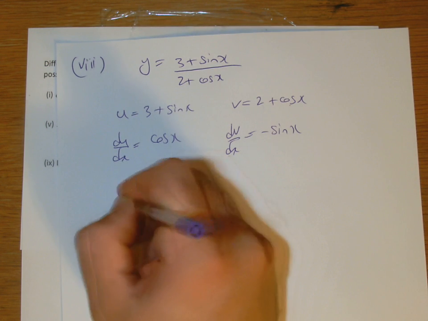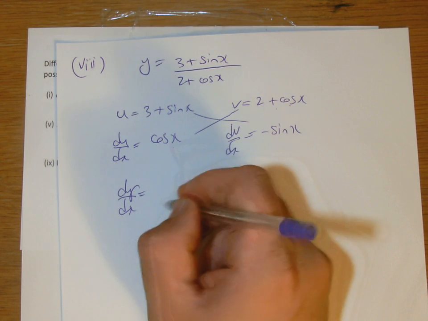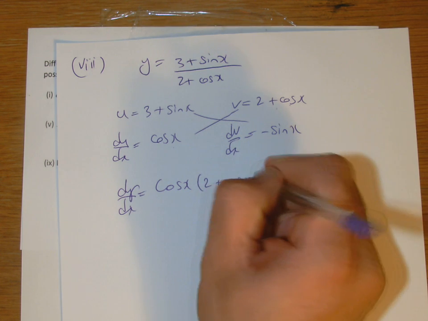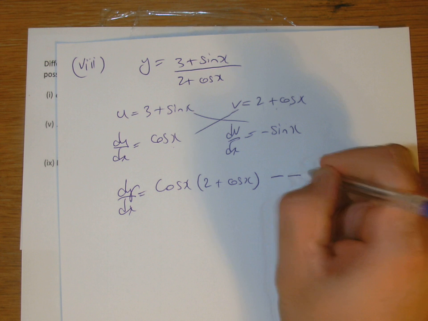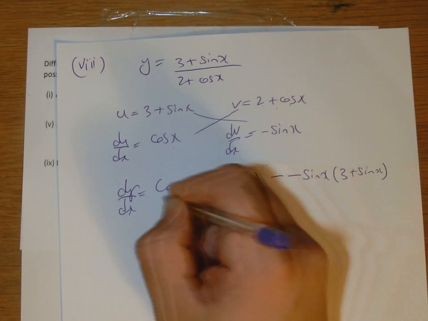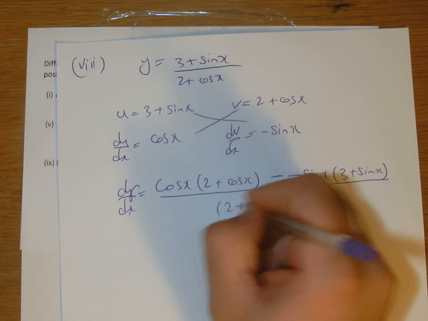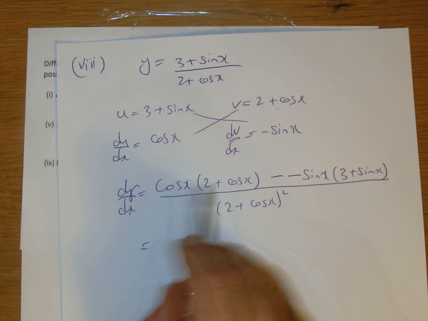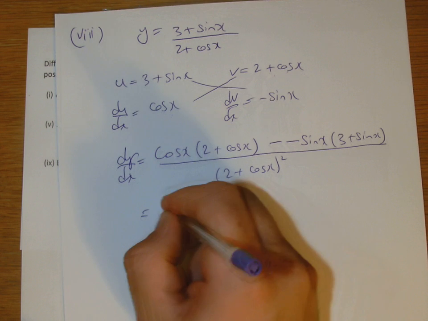So using the quotient rule, you've got that times this, take away this times this, all over that squared, v squared. So then when you expand this, cos x times 2 is 2 cos x.